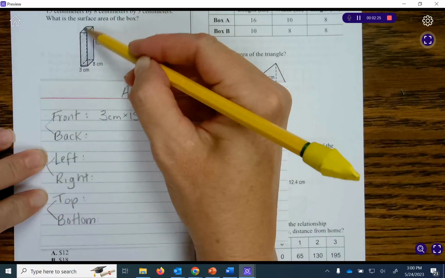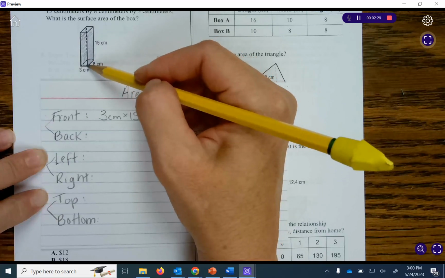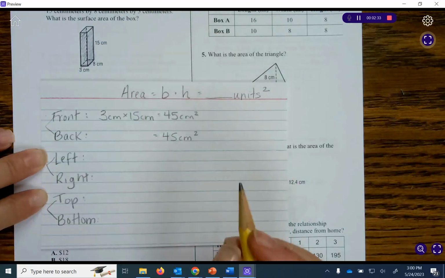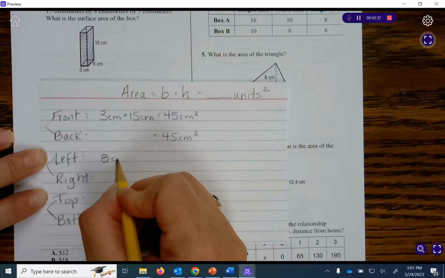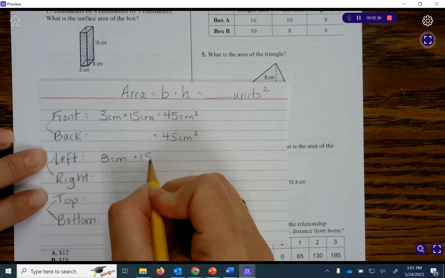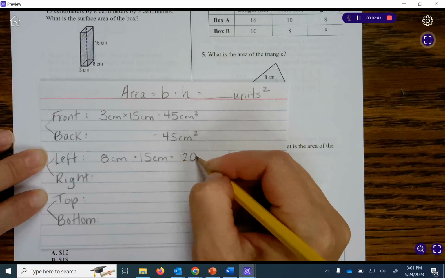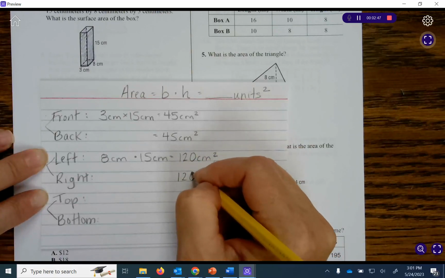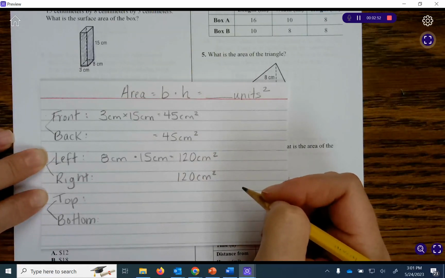When I look at the left and right sides, I see that I have an 8 by 15 rectangle. So the width is 8 centimeters times 15 centimeters, and that equals 120 centimeters squared for the left side and 120 centimeters squared for the right side.